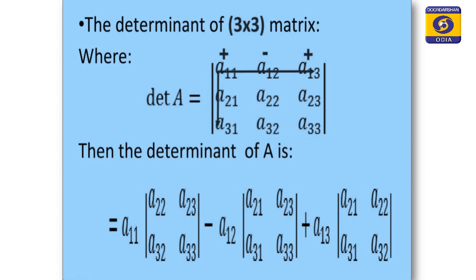Similarly, when we take A12, again A12 lies in a particular row and column, so we are deleting the row and column in which the element lies, and the resultant elements form the determinant of that. So, what we are doing? We are converting the third order determinant into second order determinants to find out the values, right. And then we know how to find the value of a second order determinant. We cross multiply the diagonal elements and thereby get the value of the determinant.